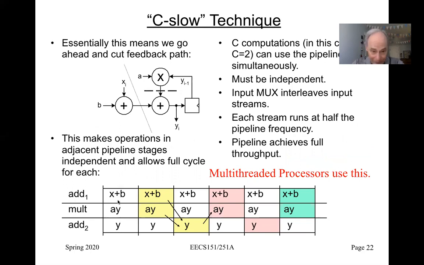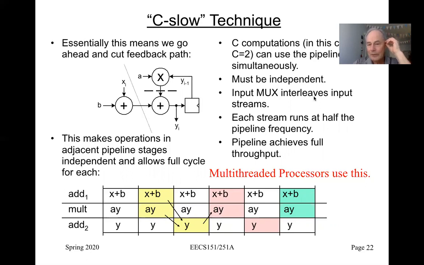So let's imagine the white one here is going on, and then the colored one is going on in between. What we're doing is making operations in the adjacent pipeline stages independent, and that allows a full cycle for each. The streams must be independent.